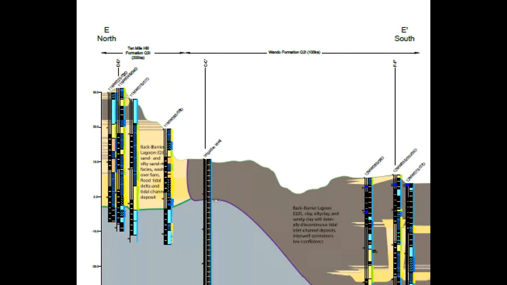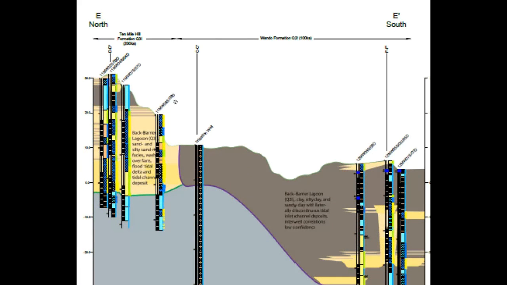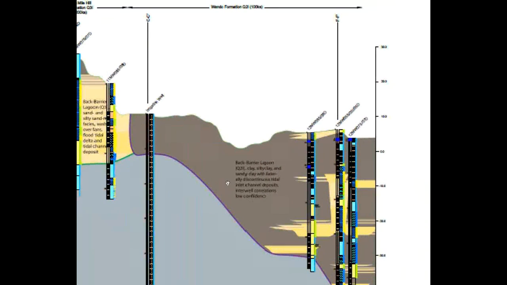And then right here, between these two borings, is where we cross the boundary on the geologic map. Then we get down here and we're in the mud that's cut up by little individual channels in these back barrier lagoons.